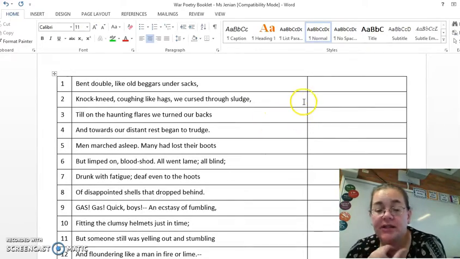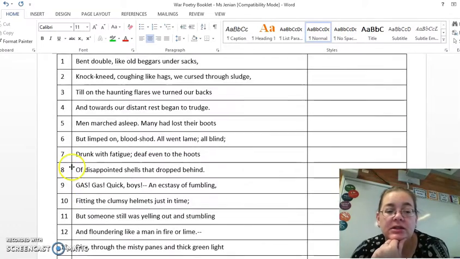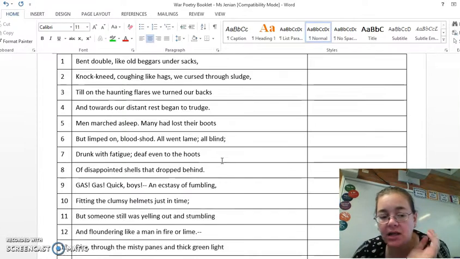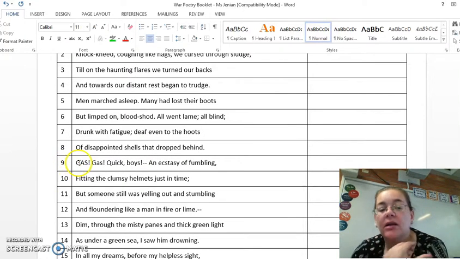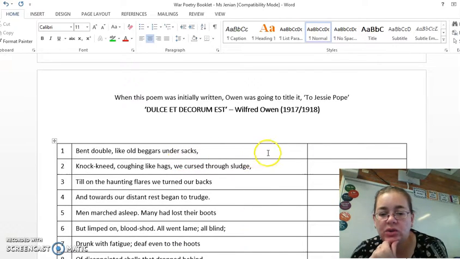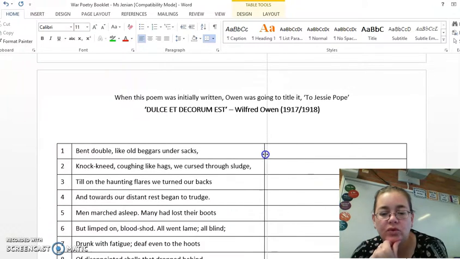Just to make it a bit easier for myself, I've put it in a table. I've also numbered the lines, and that makes it a lot easier when you're writing about the poem to indicate, for instance, in line 9, the gas attack, so it's much easier to annotate in that way. I'm just going to move my little table over a little bit. Give yourself more space. There we go.